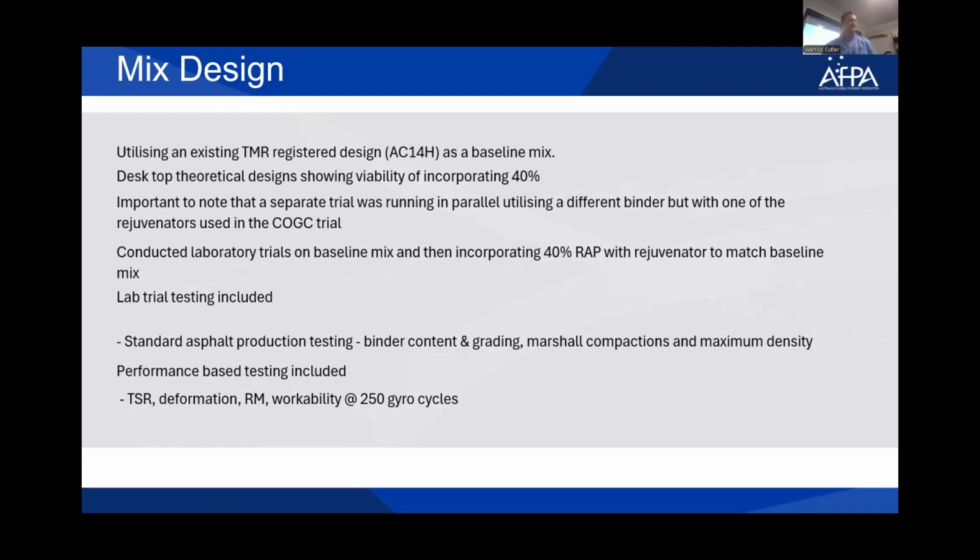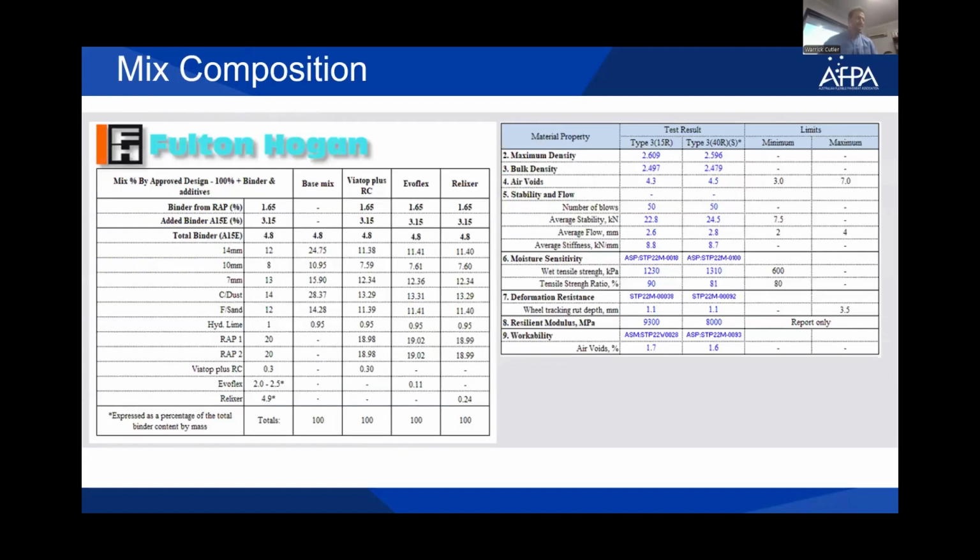For lab trial testing, we did standard asphalt production, binder content, grading, the Marshall compactions, maximum density, and then we also did the TSR, deformation, resmods, and workabilities at 250 gyros.